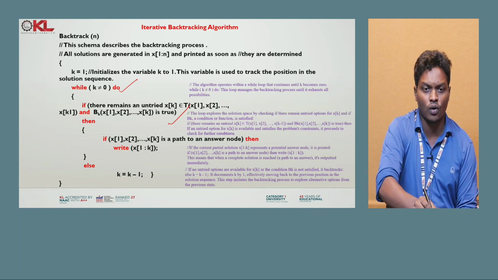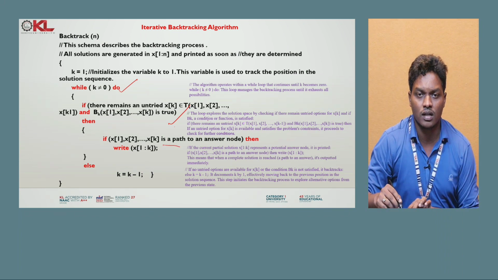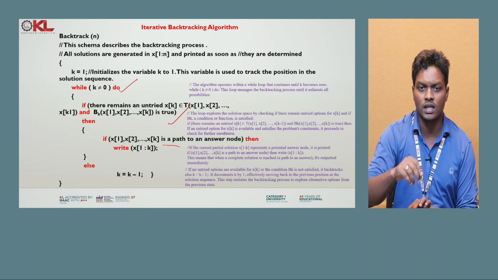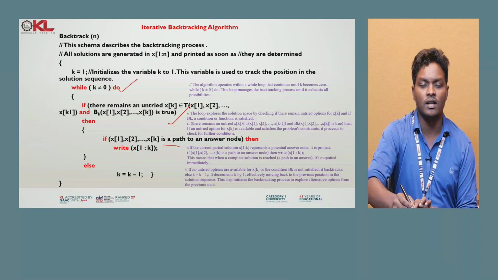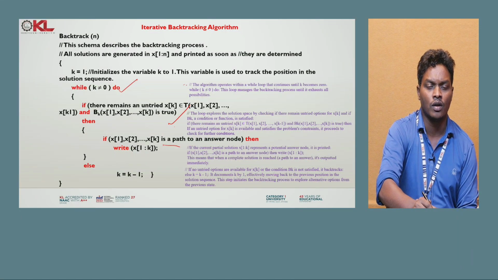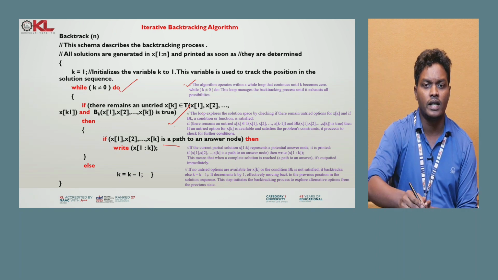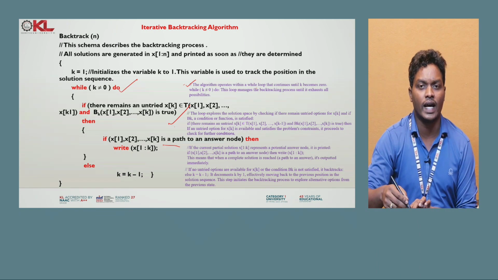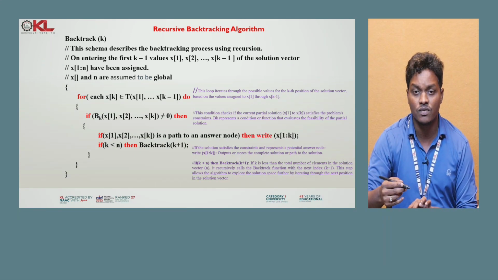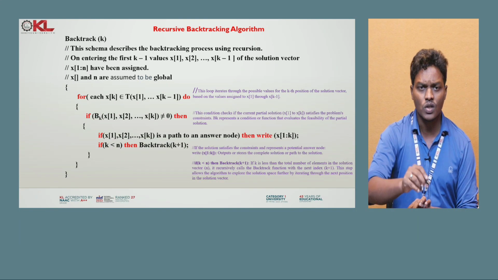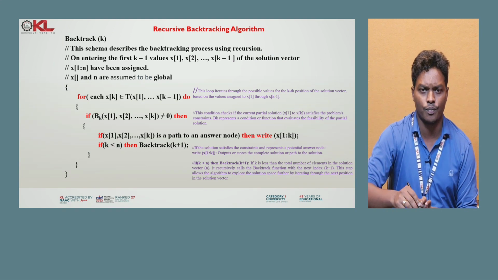By following the constraints, we have designed an iterative backtracking algorithm which helps us solve the 4 by 4 queens problem. There is a comment section telling us what each line does, so you can trace this algorithm and analyze it. Next, a recursive backtracking algorithm will also help us solve this 4 by 4 queens problem.